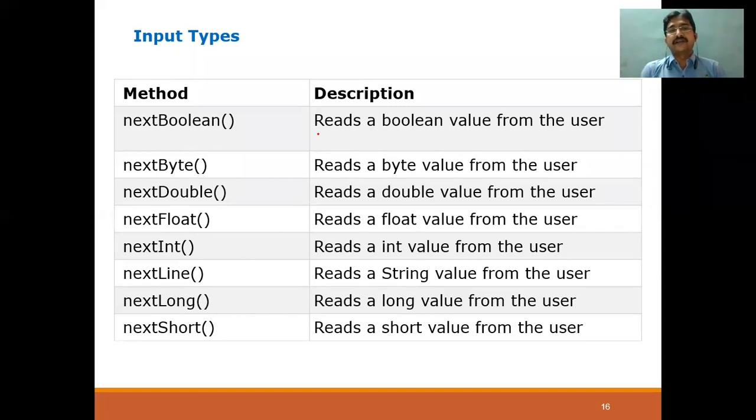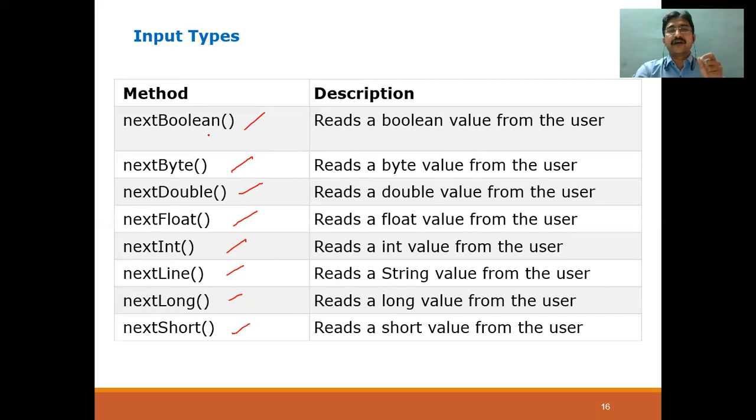So both are reading, but the scanner constructors read the entire string, the entire input. From that we are going to access what type of input we require. We are going to use these methods. We have methods like nextBoolean, nextByte, nextDouble, nextFloat, nextInt, nextLine, nextLong, nextShort.